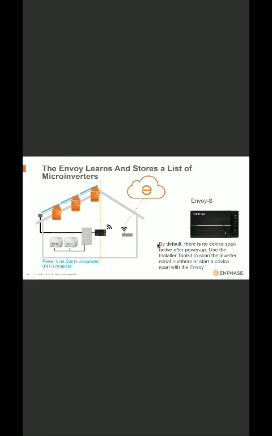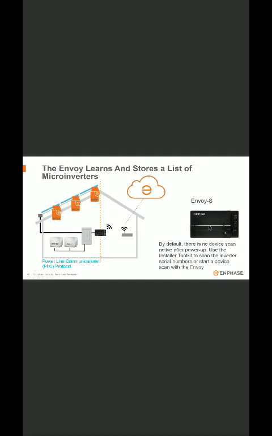Okay. So when devices have been detected by Envoy S, the device will be stored in the Envoy S memory and we don't need to rediscover again. So for the first time when you're doing it, by default, there is no device in the Envoy. I think when we take the installation and commissioning session, we'll tell you how to do those things.